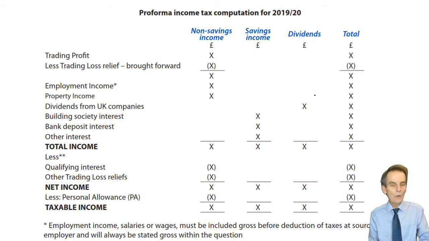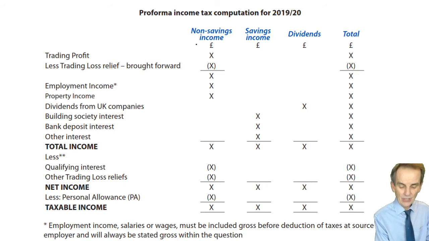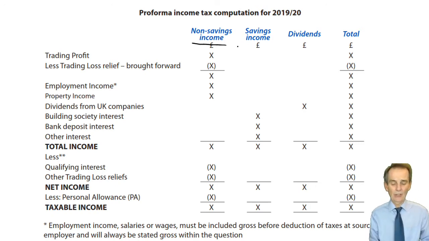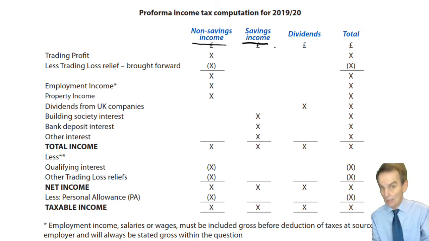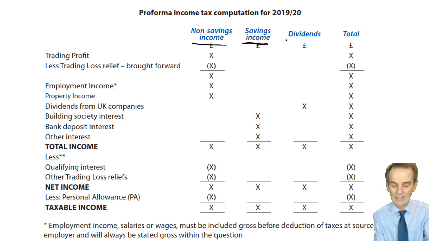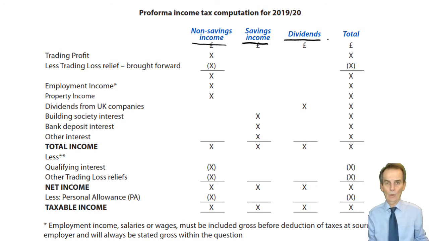Now you remember, we divided up our sources of income for purposes of this computation into 3 categories, the order that we must always show them in on this computation. Firstly, non-savings income. Now that was simple. It was everything other than savings income, which is interest income and obviously dividend income as well.